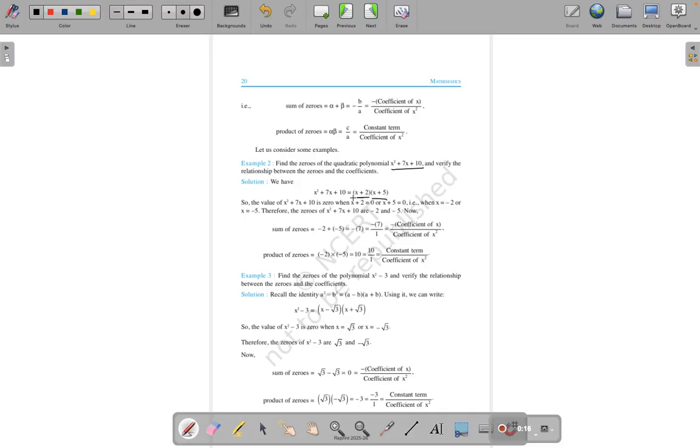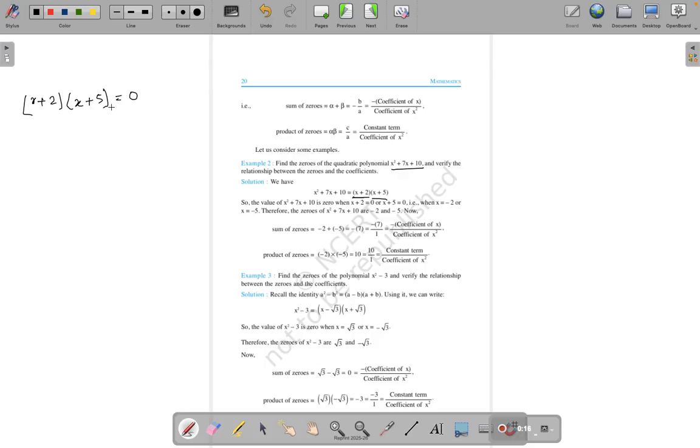It's the opposite, right? The root is minus 2. So to find the root, what you need to do is set x plus 2 times x plus 5 equal to 0.